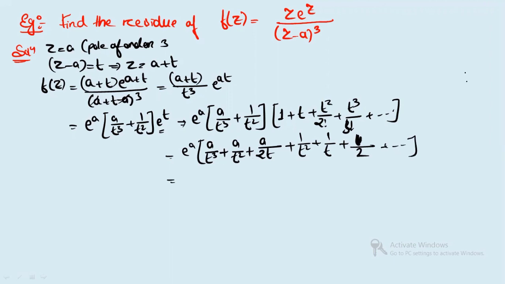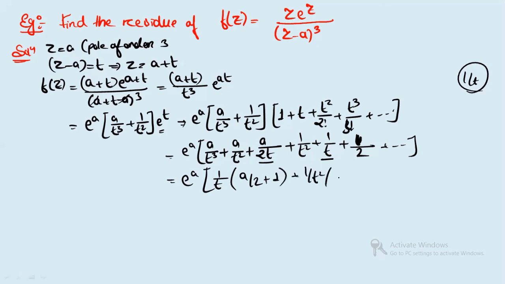So you just have to see the coefficient of 1 by t. Here, with e to the power a, this has a by 2 and this has 1, both with 1 by t. So if I take common 1 by t, I will have a by 2 plus 1. And for the second, if I take 1 by t square, it is a plus 1, and so on. You just need the coefficient of this.